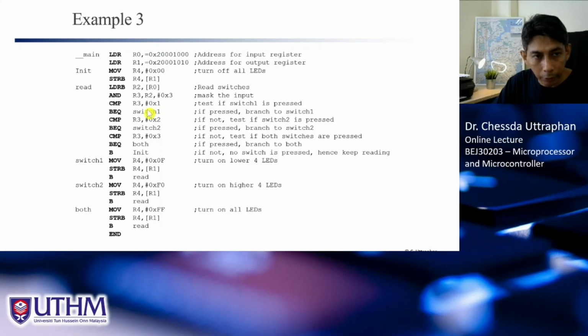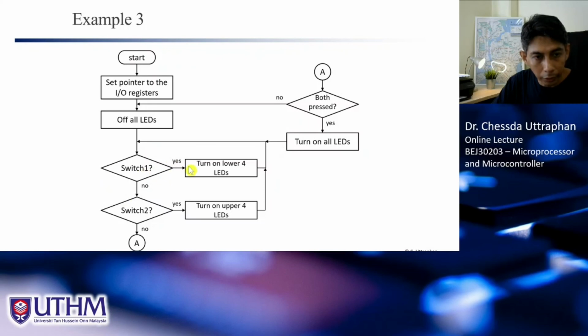If switch 1 is pressed, we use BEQ, branch if equal. If the value in R3 is equal to 1, meaning that the switch is pressed, then we go to switch 1. So this is switch 1. What we want to do when switch 1 is pressed is turn on all 4 LEDs, the lower 4 LEDs.